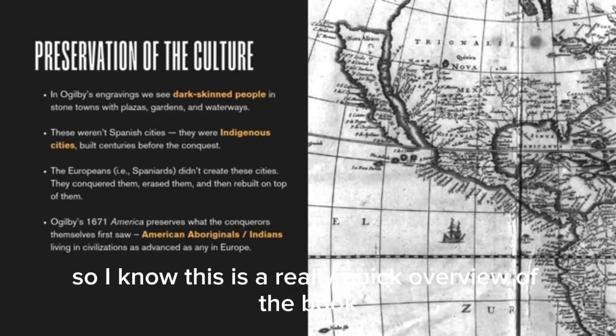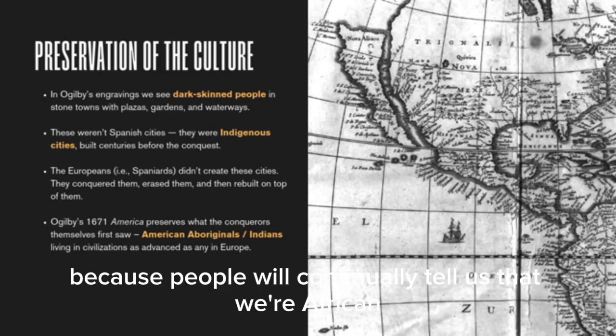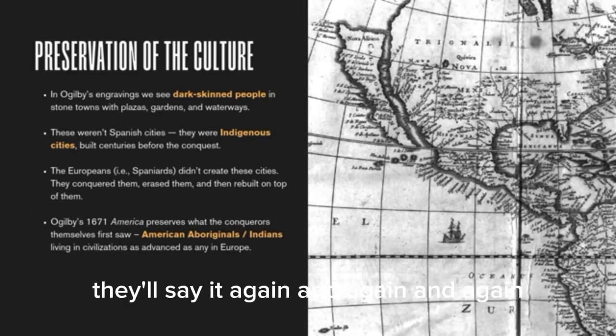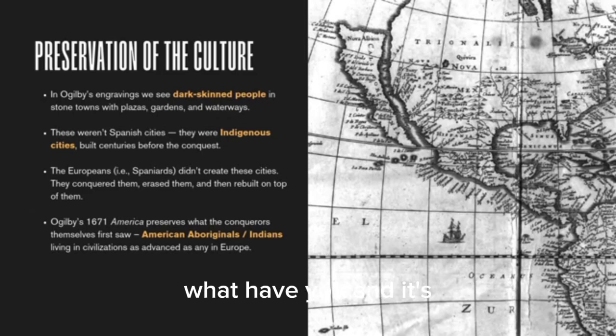So I know this is a really quick overview of the book, but I just wanted to give you guys this information to set the tone for many different things, because people will continually tell us that we're African. They'll say it again and again. But in this particular context, at least back in the 16th and 17th century, when Ogilby wrote these books, particularly America and Africa, there were two different and distinct territories, two distinct continents.